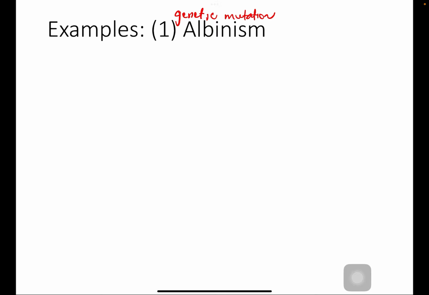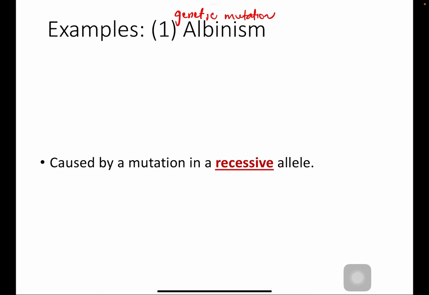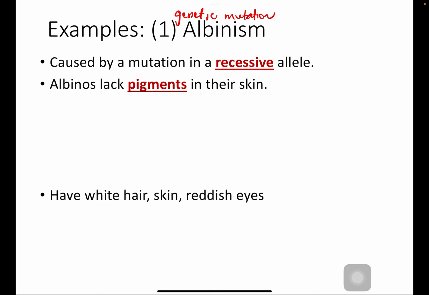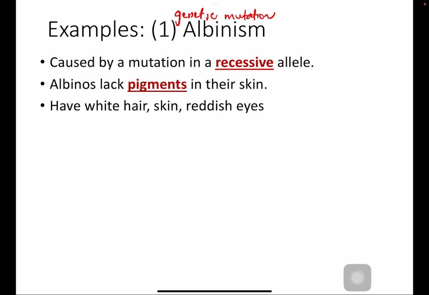Alright, so the first case study that you need to know is albinism. What exactly is albinism? It's due to a change, mutation in a recessive allele. So the recessive allele sequence is changed, resulting in albino individual to lack pigment in their skin. So often they look different from other individuals, they typically have white hair, paler skin color, and reddish eye color instead.